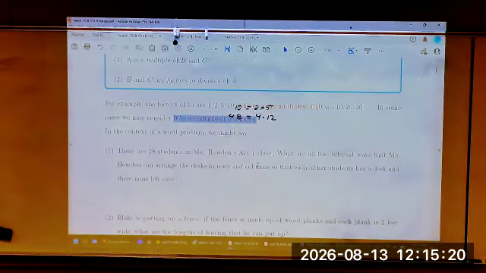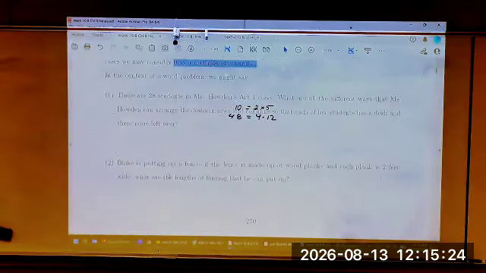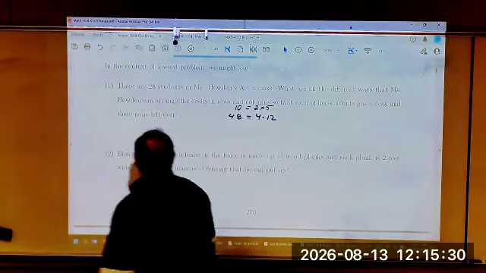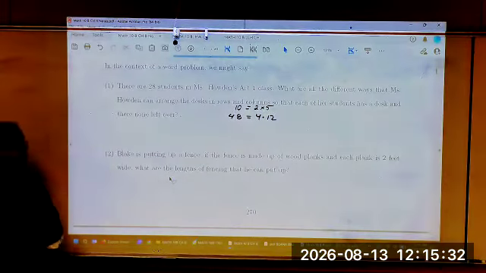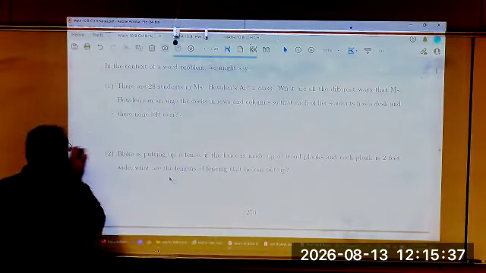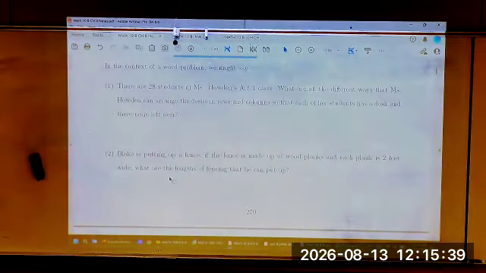Okay. In the context of a word problem, we might say there are 28 students in this art class. 28. What are all the different ways that you can arrange the desks in rows and columns so that each of her students has a desk and none left over?